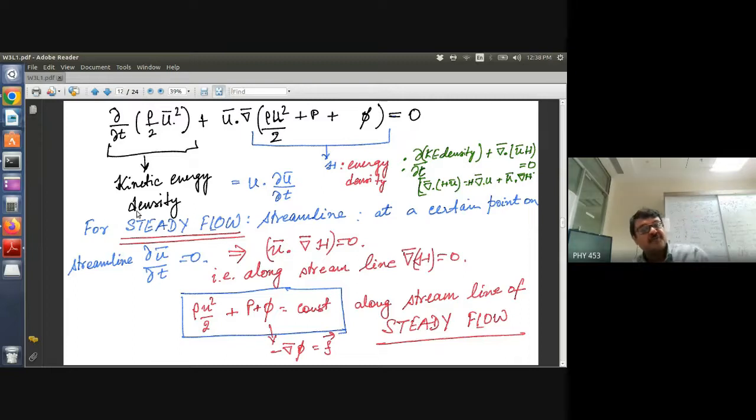So only if you have a steady flow, you can have the kinetic energy density plus pressure, which is the energy per unit volume, plus an interaction component. So if you have water in the ocean and gravity acts on it, the pressure increases as you go down as rho g h. Plus, if there is some other potential like static electric potential or whatever, that is equal to a constant along the streamline of a steady flow. So that's the essential message, right?